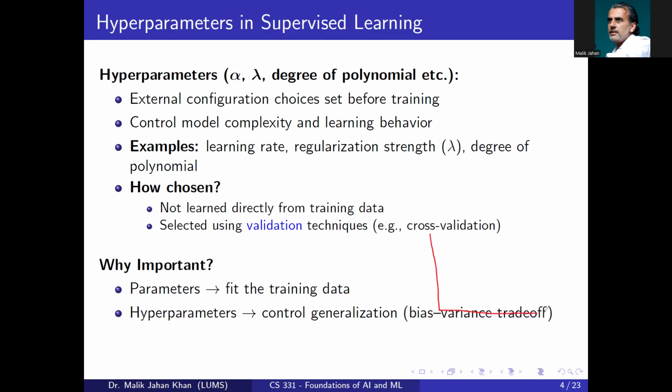If I try to plot the error over here, this is the kind of thing that we can see. The error is gradually decreasing as we go along.